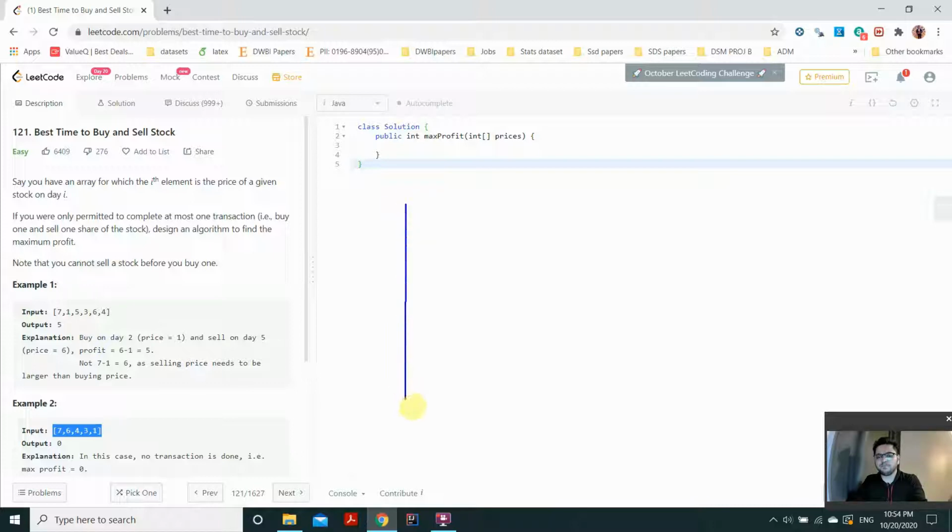I'll draw a graph here, marking the points 6 and 4. I'll mark the downward trend by a red line, and the upward trend by a green line.